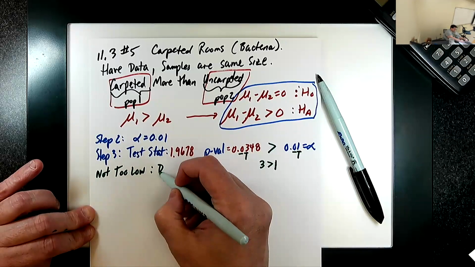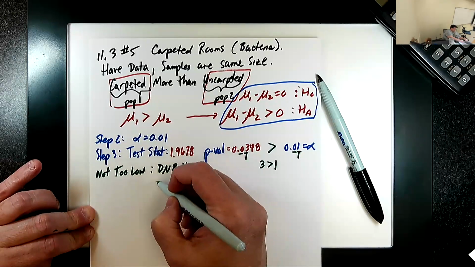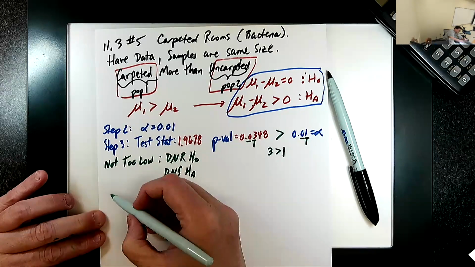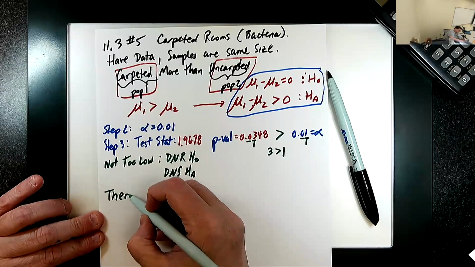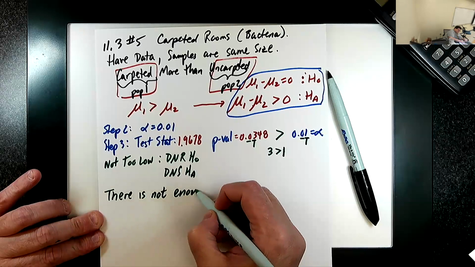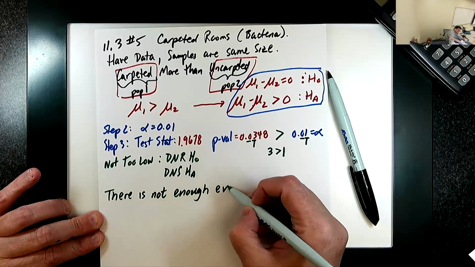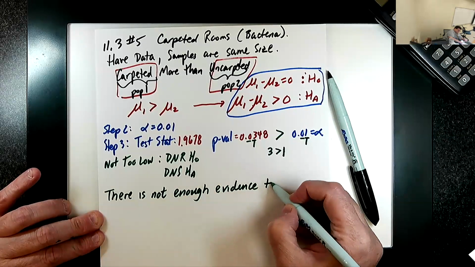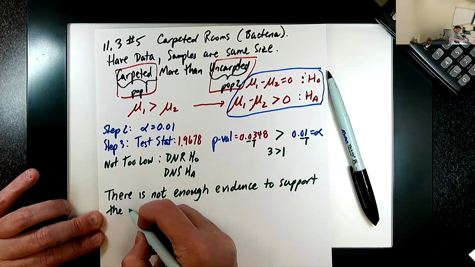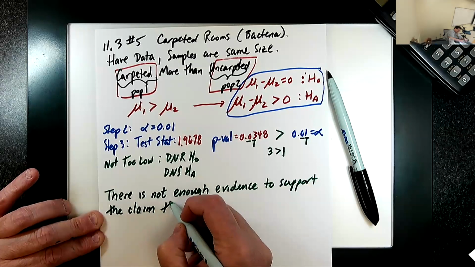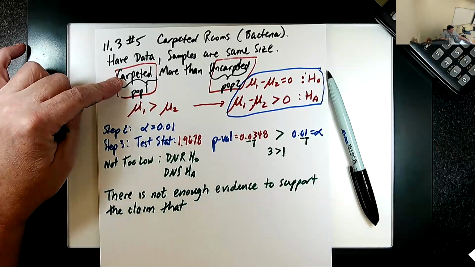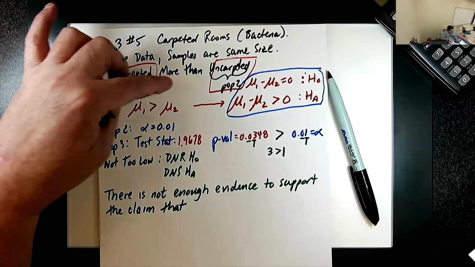So we've got our do not reject H0, do not support HA. And there is not enough evidence to support the claim that HA, carpeted had more than uncarpeted.